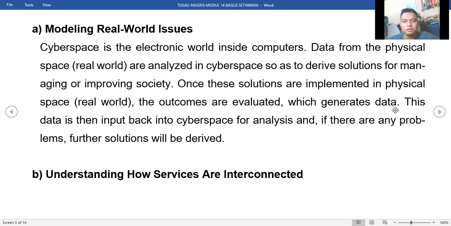Once the solutions are implemented in physical space, the outcomes are evaluated, which generates data. This data is then input back into cyberspace for analysis, and if there are any problems, further solutions will be delivered.